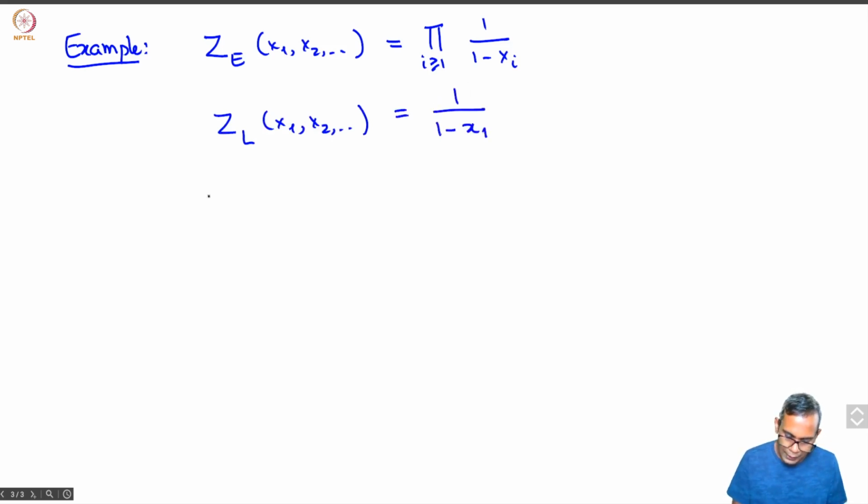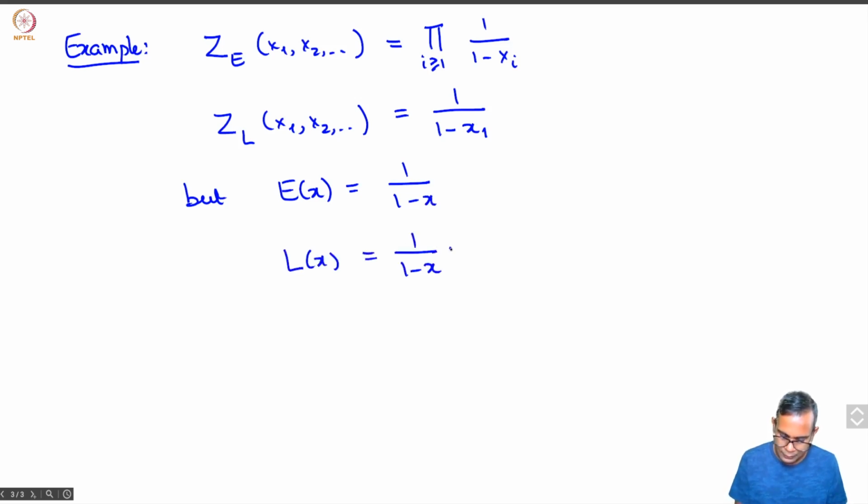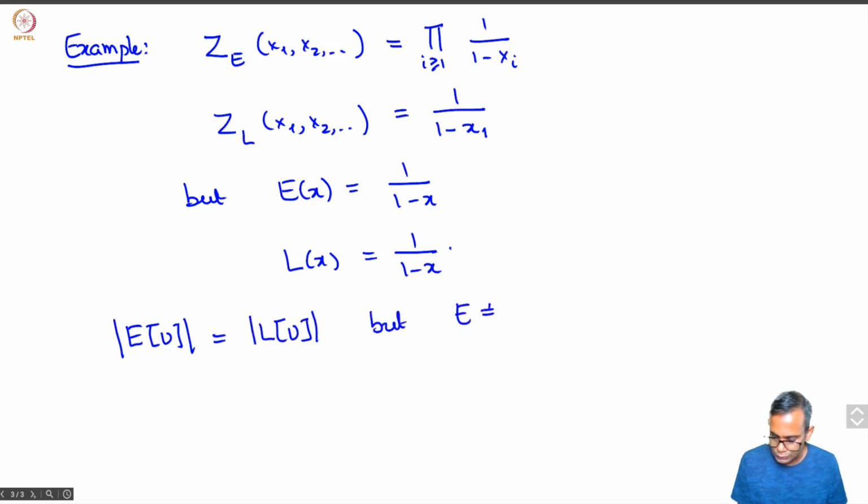And yet what we have is Ex is 1 over 1 minus x and Lx is also 1 over 1 minus x. So what we have is that EU has the same cardinality as LU, but E is not isomorphic to L.